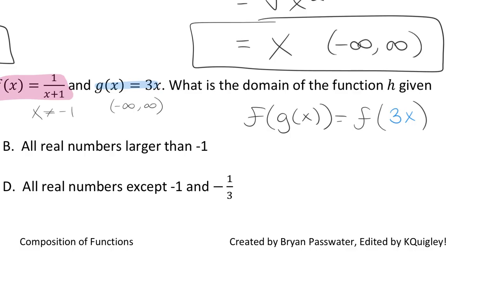If we put that 3x function into the f function, that means anywhere there was an x inside of f, you're going to put 3x. So here where the x went, I'm putting 3x. 1 over 3x plus 1.